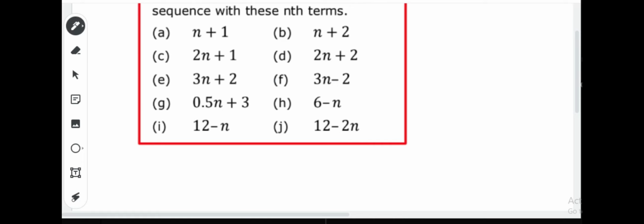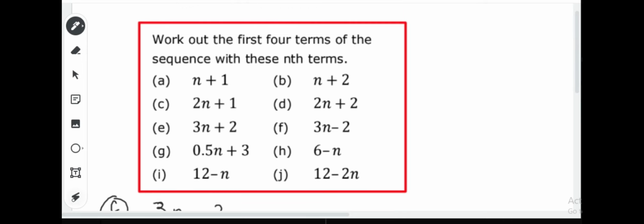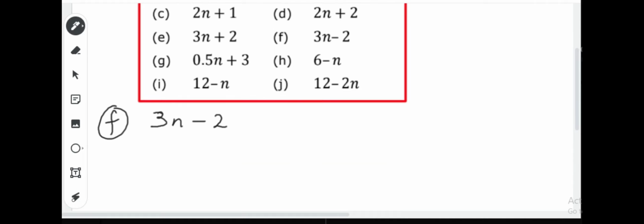So what we just need to do is to substitute for n to get the first 4 terms. When n is equal to 1, get the answer. When n equal to 2, when n equal to 3, and when n equal to 4. That's all we need to do.